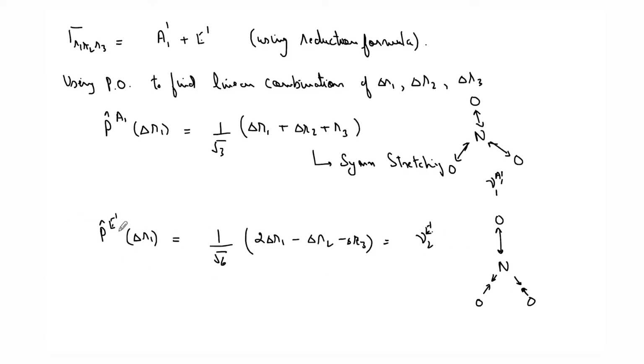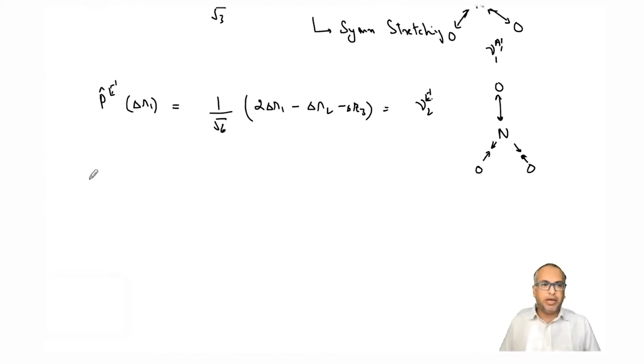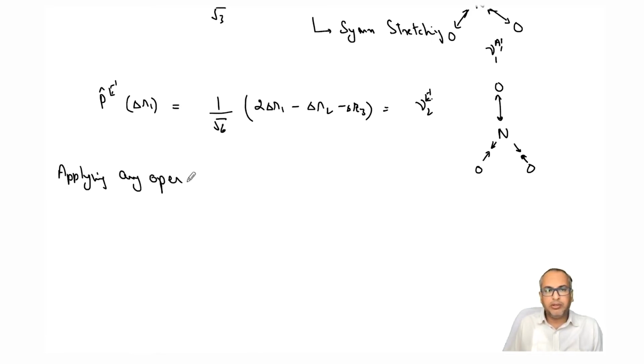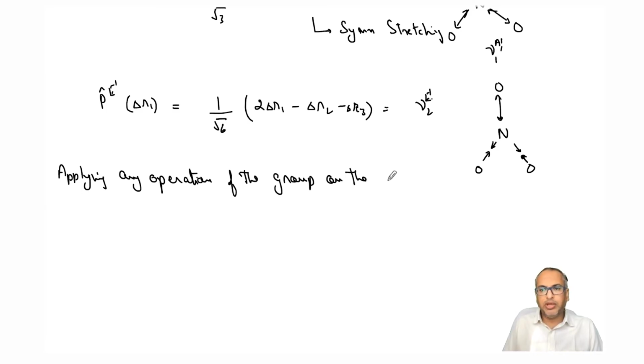Now you should get two linear combinations here which are orthogonal to each other. We have already got one. So how do you get the second one? To get the second one, again it is not trivial and you need to use hit and trial. One of the methods is to apply, if you remember there were three rules, any symmetry operation of the group on the above function.